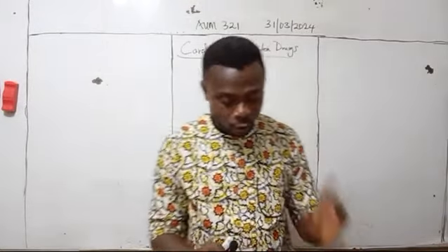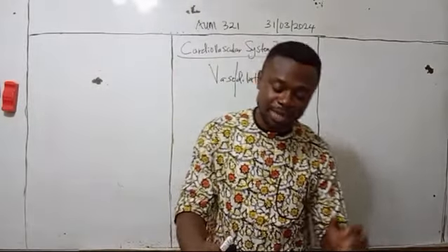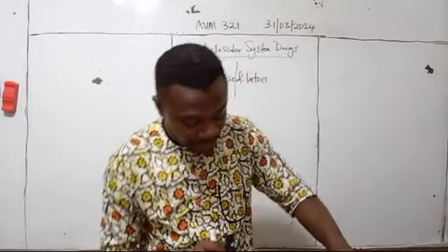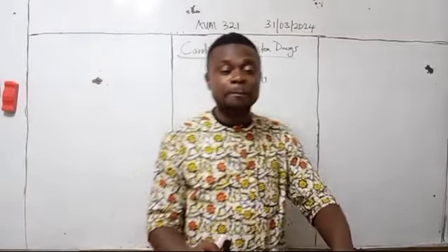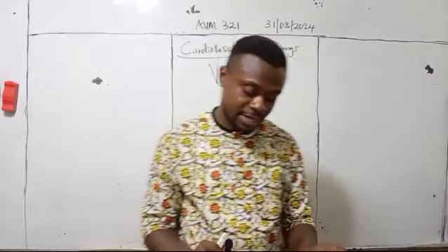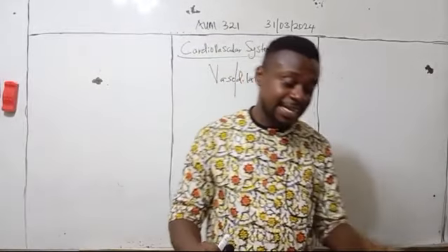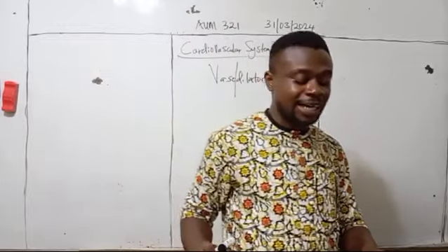Examples of peripheral vasodilators are: one, we have hydralazine. Hydralazine is a typical example. We also have isoxsuprine hydrochloride.